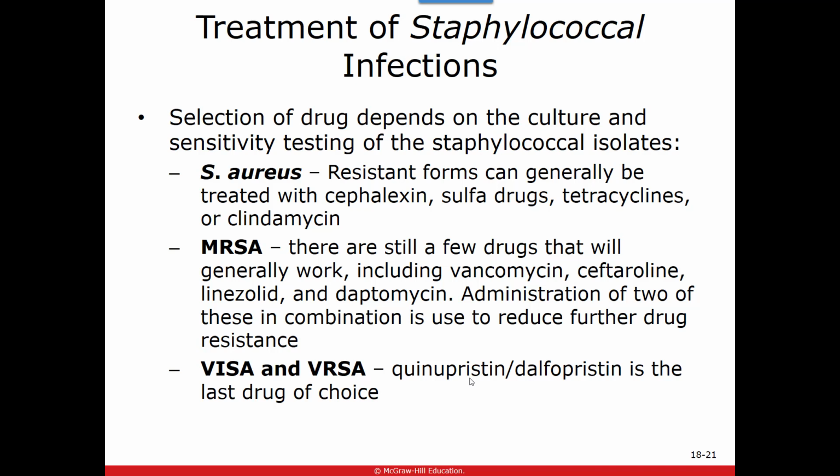We've got vancomycin resistant or vancomycin intermediate, which has little effect, but some effect. And these are some of our last drugs that we have. Staph is becoming very resistant to antibiotics, and the more we use, the more they get resistant to it.